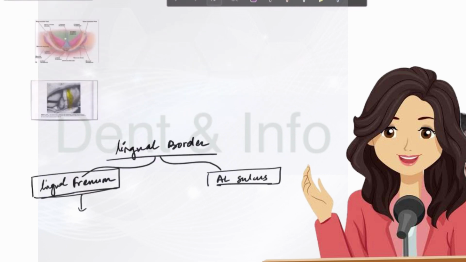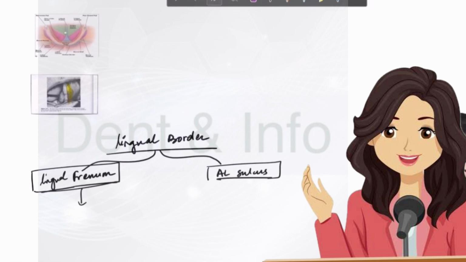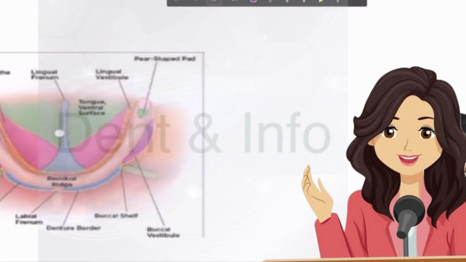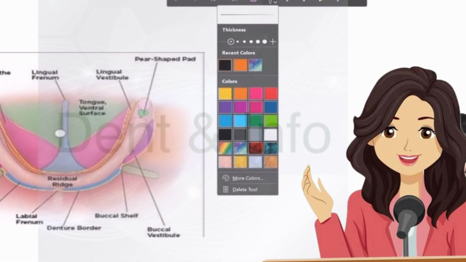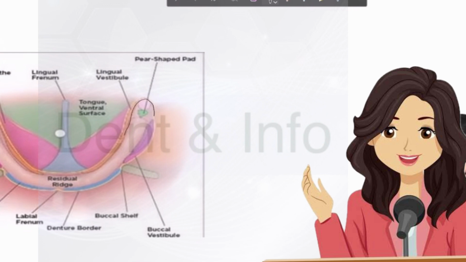Okay. Muscle attachment in retromolar pad area region. Let us take this example. If this is the posterior border here, the posterior most portion, the first thing that we see is buccinator. Outer to that, we see masseter.